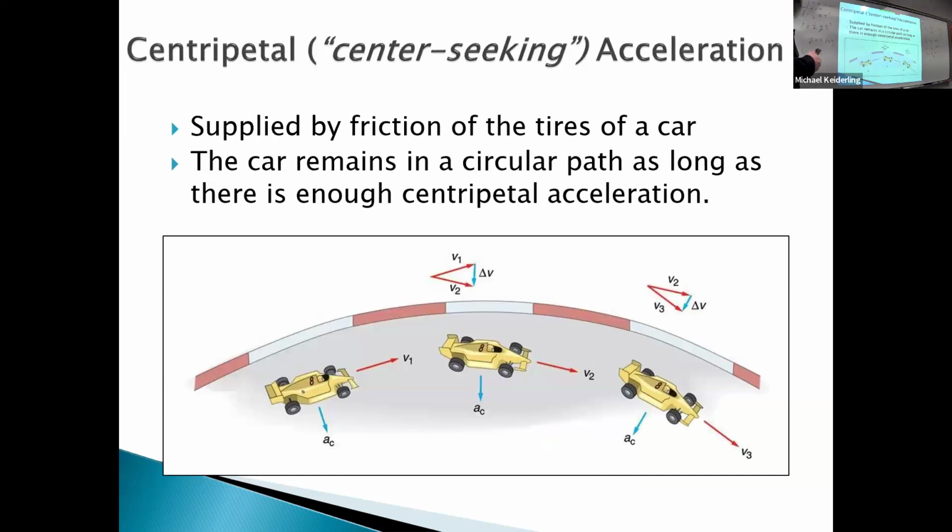In a car, when you turn, it's supplied by the friction of the tires with the road, for example. The car will remain in a circular path as long as there's enough centripetal acceleration, which will happen as long as there's enough friction. If there's not enough friction, you skid. If you make your car lose friction deliberately in a controlled manner, you drift.